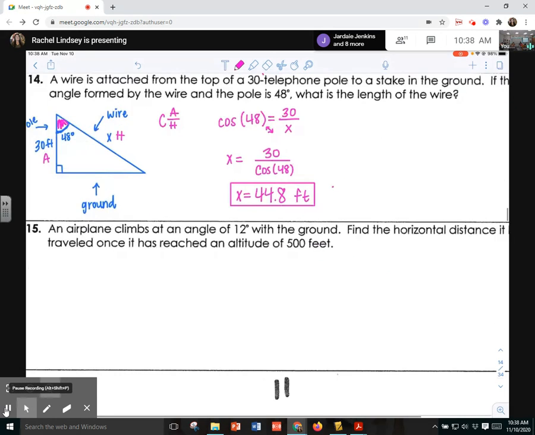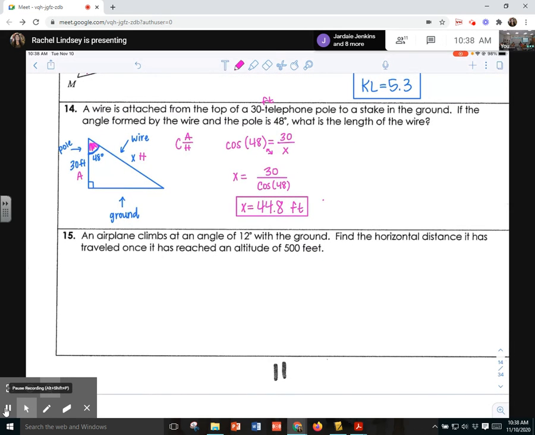So it says that an airplane climbs at an angle of 12 degrees with the ground. Find the horizontal distance it has traveled once it reaches an altitude of 500 feet. Okay, so what you got to think here is here's the ground, right?